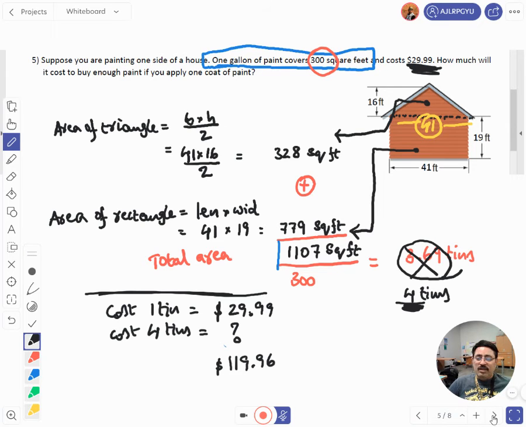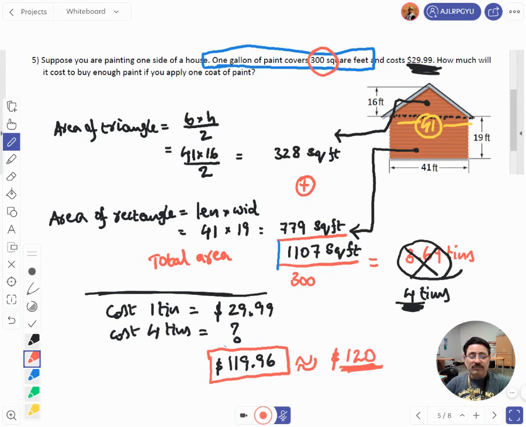Of course, in addition to that, you have to pay taxes also. That is a separate part. But basically, you have to pay 119.96. In case you want to round it, I know that you will not wait for the cashier to give you back those 4 cents. So it is approximately $120. Okay. Questions, please.